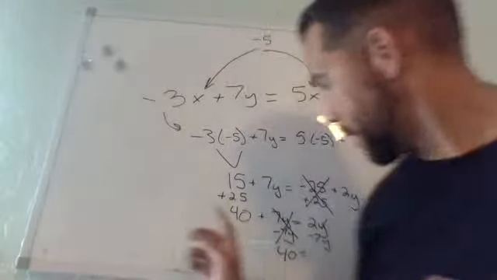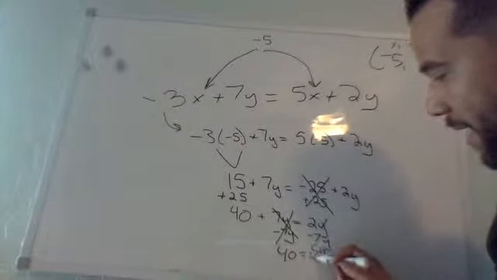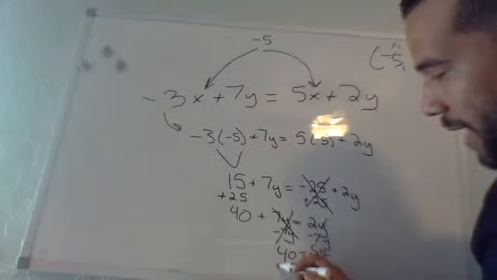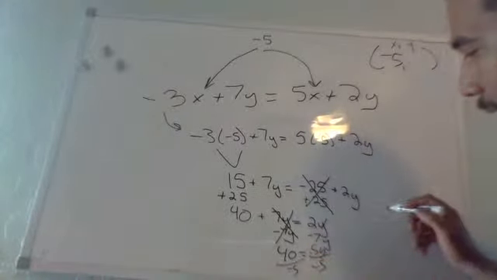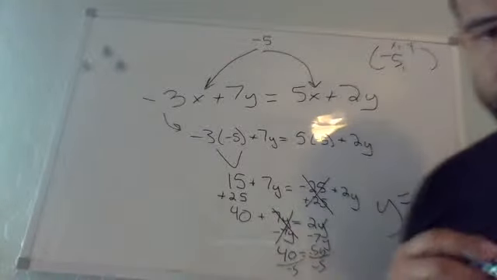Yep, that's negative 5y. So now we're going to divide by negative 5 on both sides. And y equals negative 8.